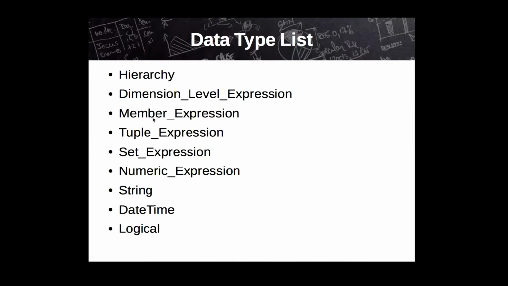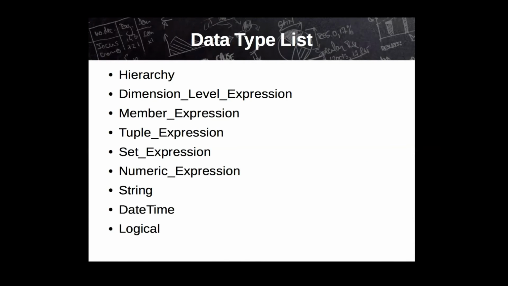A member expression is just one member. A tuple is a combination of two members. Set is a list of members. Numeric expression is numbers. Strings is a sequence of characters. Date time is a date time member. A string that is turned into a date time or date. And then there's logical expression, which is just true or false.